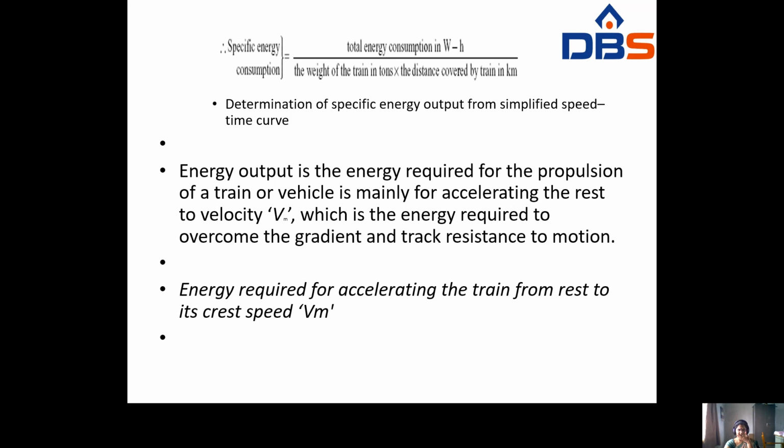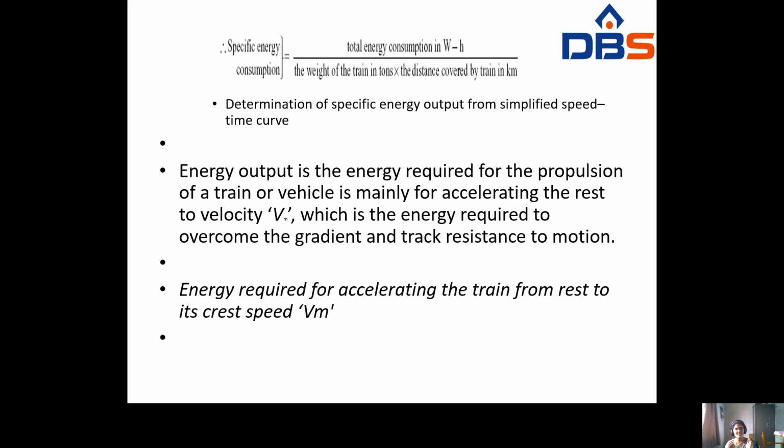See here, energy output is the energy required for the propulsion of a train or vehicle. It is mainly for accelerating the train from rest to velocity v, that means from the starting to some velocity v.